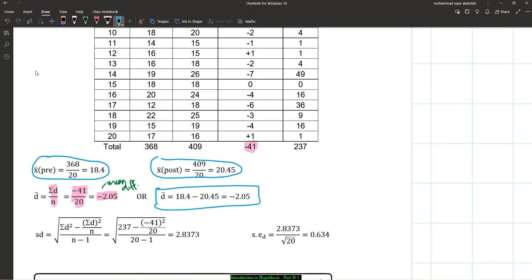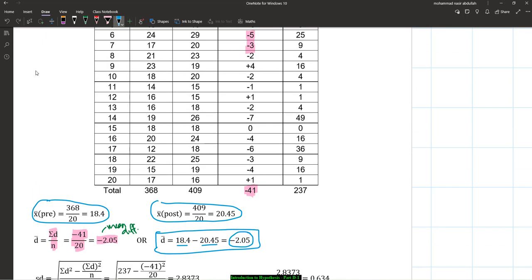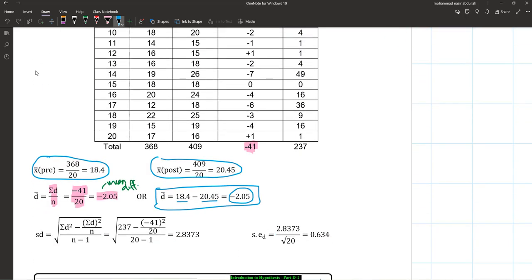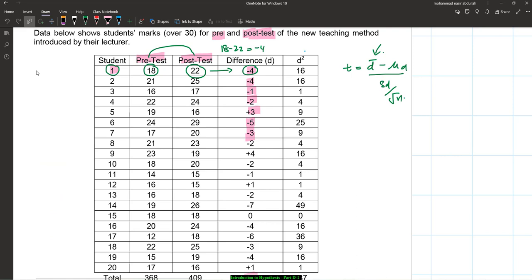So if you get the mean of pre-test 18.4 minus the mean of post-test 20.45, we will get the same result, which is negative 2.05, right?